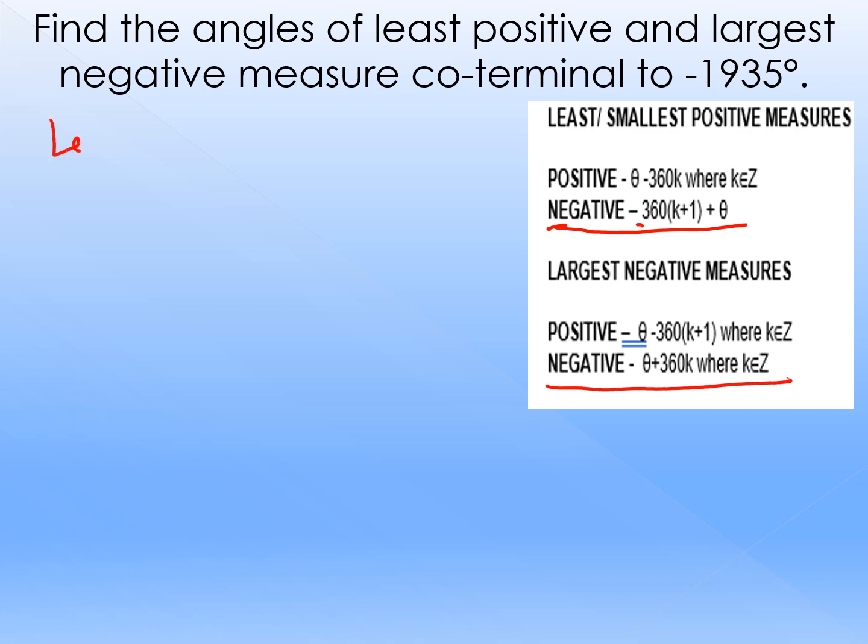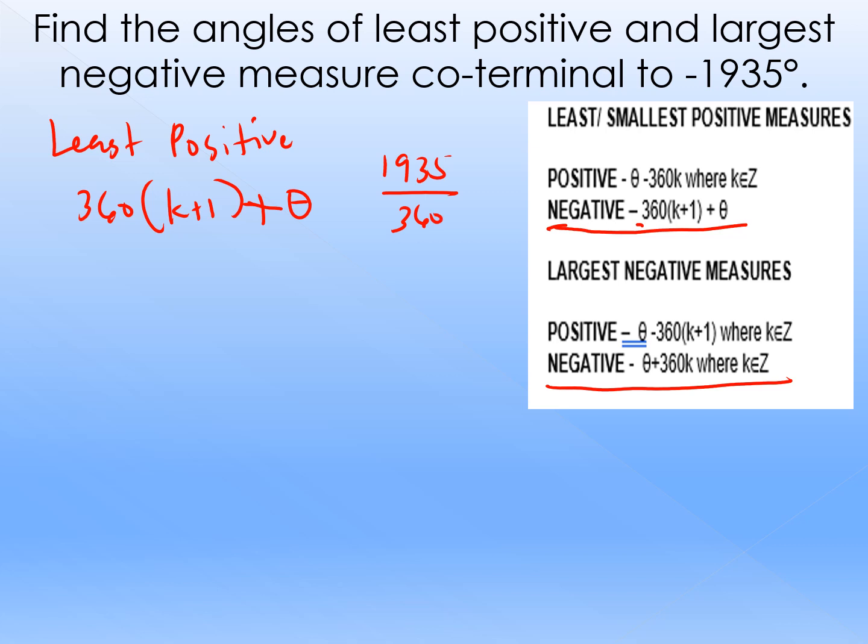So let's write least positive and then apply the formula 360 quantity k plus 1 plus theta. So now we're going to find the value of k. To find the value of k, we're going to divide our degree measure 1935 by 360. And the answer is 5.375. So the whole number is 5, therefore k is equal to 5.